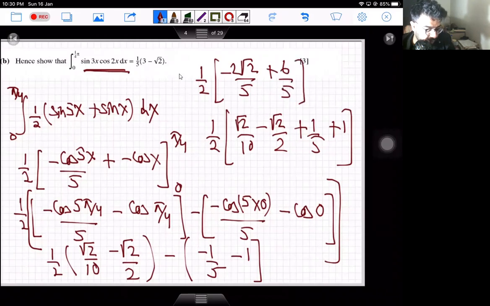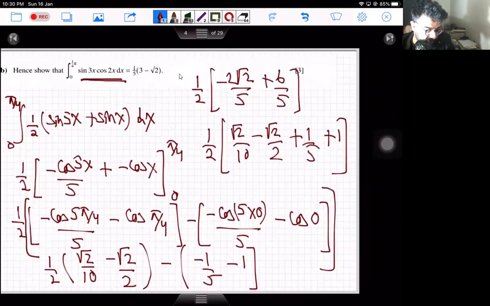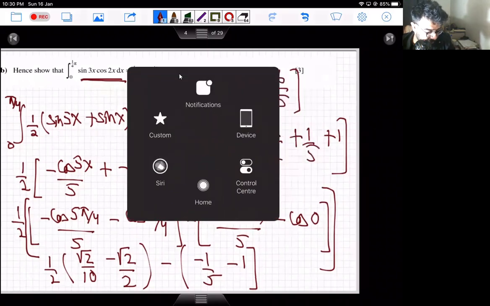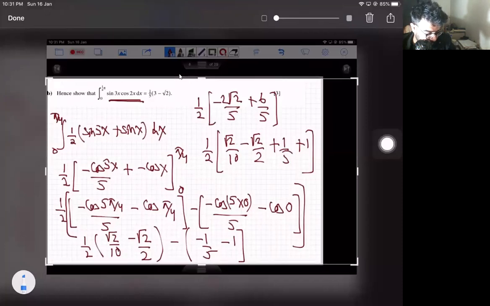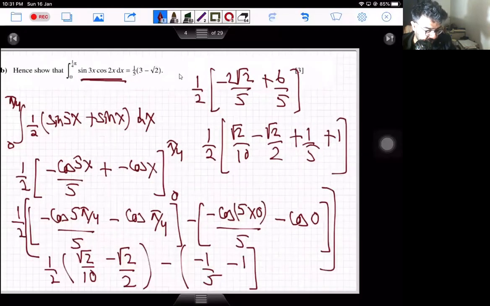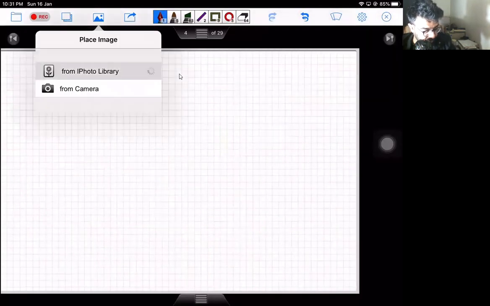So if you multiply it with half completely, or as you can see that 5 is a common denominator under both of these terms, you just need to prove it in the exact form which is required in the question.